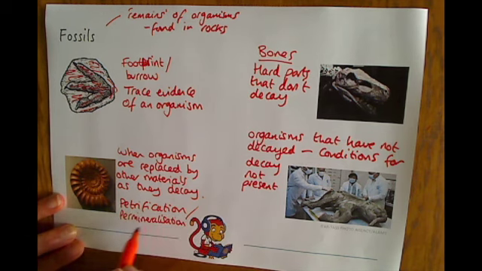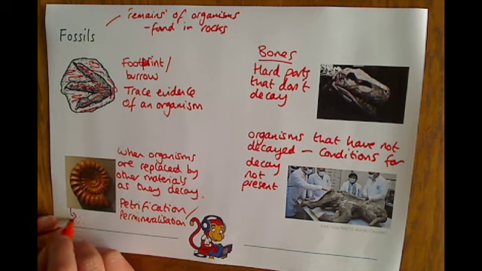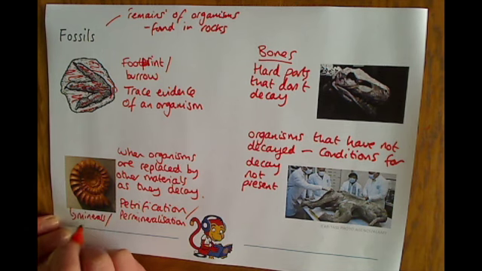And essentially the water will then just take in the minerals and replace the organism as it decays with minerals. So the actual fossil that you get will be minerals or a rock, whereas the actual organism itself would have completely decayed over time and is replaced.